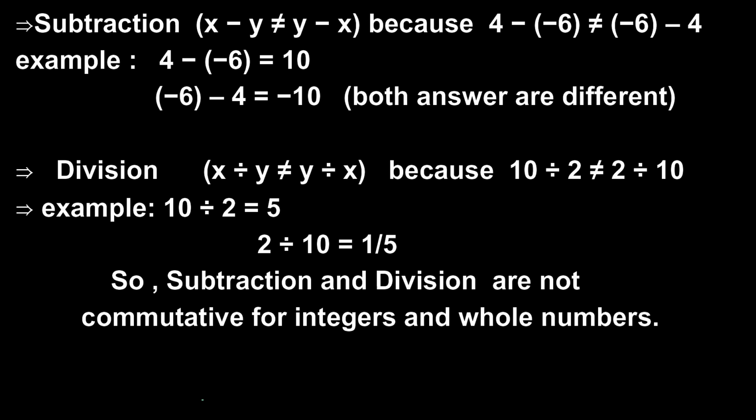So we can say after this example that subtraction and division are not commutative for integers and whole numbers. Only addition and multiplication are commutative. So again I am saying that in the commutative property, addition and multiplication are applicable by swapping the numbers, and when we swap numbers in subtraction and division, the commutative property is not applicable.